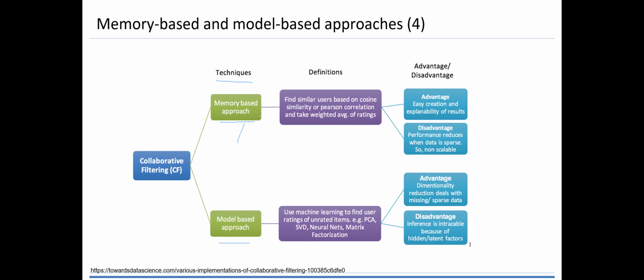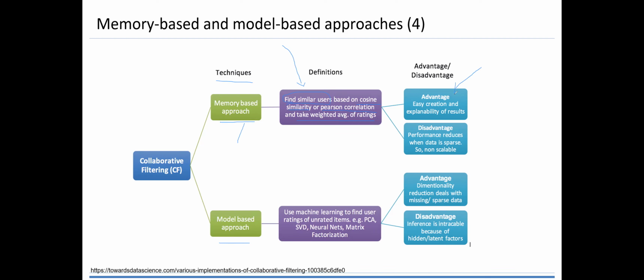In the memory-based approach, it tries to find similar users. For similar users, it can be used with cosine similarity. You can use Pearson correlation and take a weighted average of ratings. So we already learned how to calculate the average of ratings and so on.